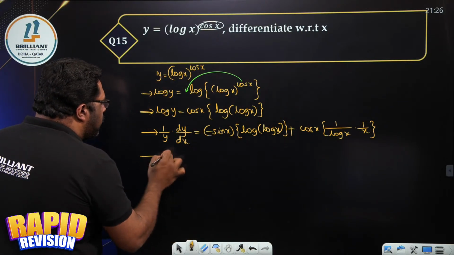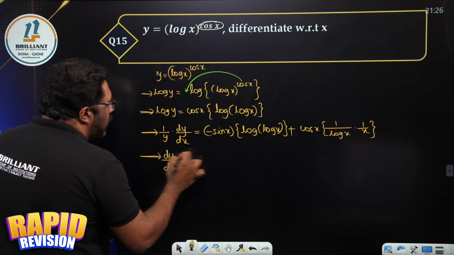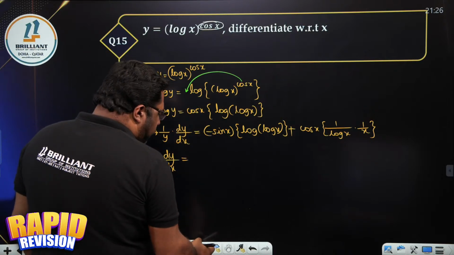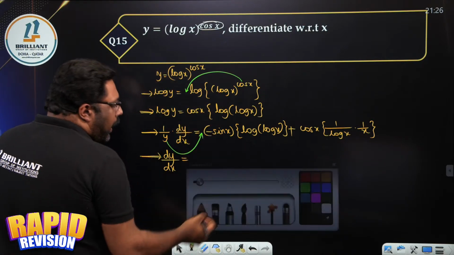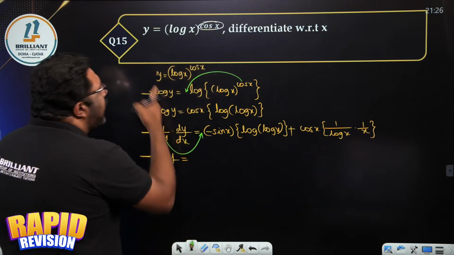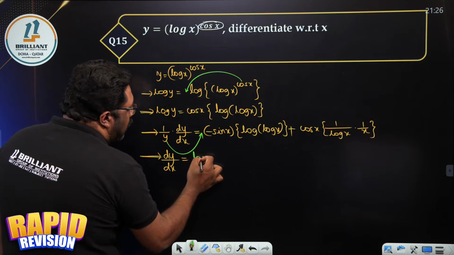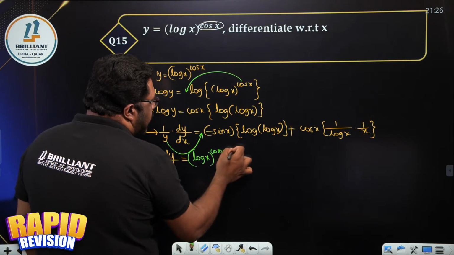So what is dy by dx? Y can be taken to the other side and substituted as log x raised to cos x.